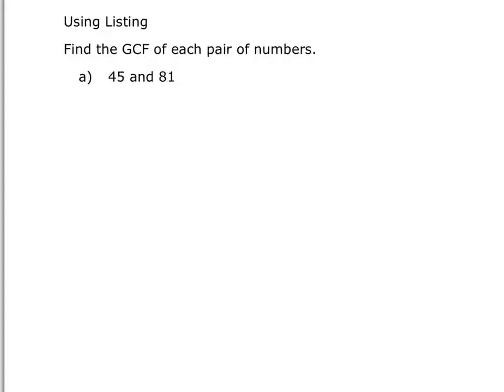Okay, so to find the greatest common factor using listing, I need to find all the factors of 45 and all the factors of 81. Okay, now this next step you might do in your head. I'm going to do it off to the side to just show you what's going on. I need to list all the factors of 45. So I'm going to write 45.